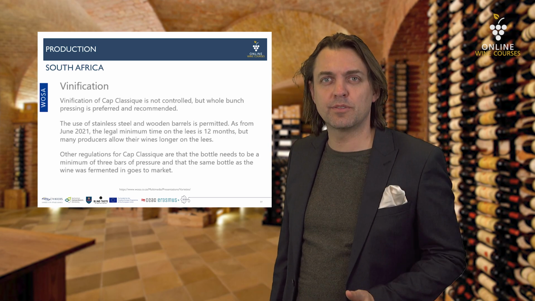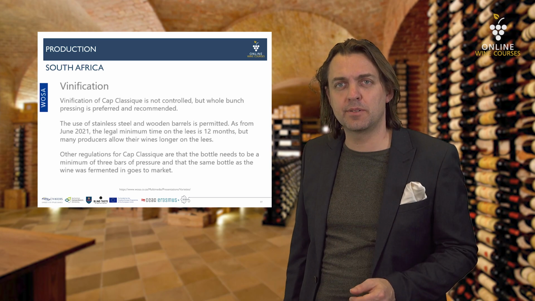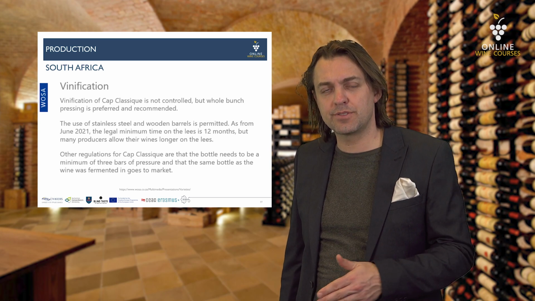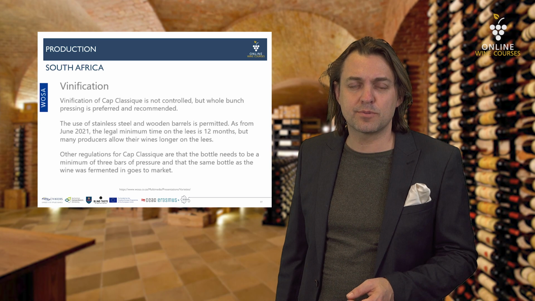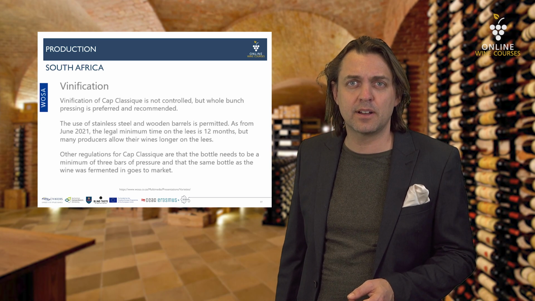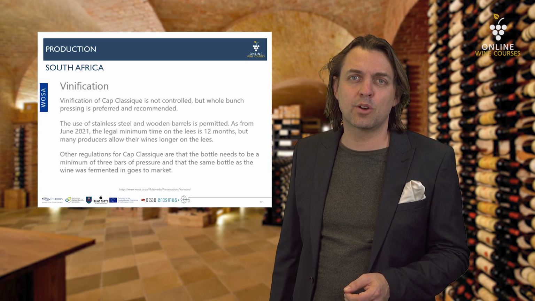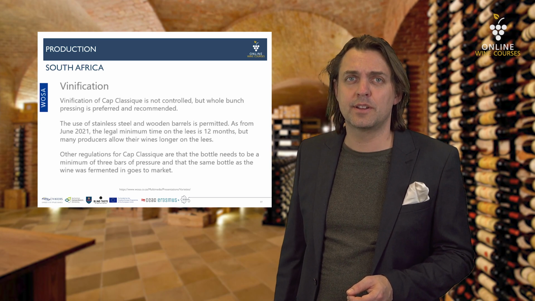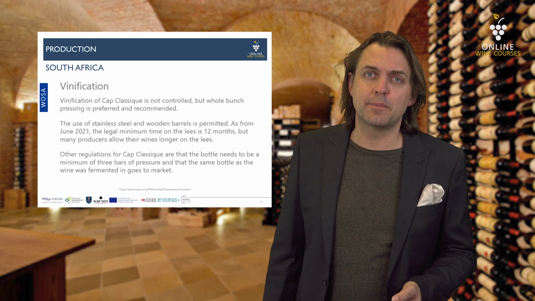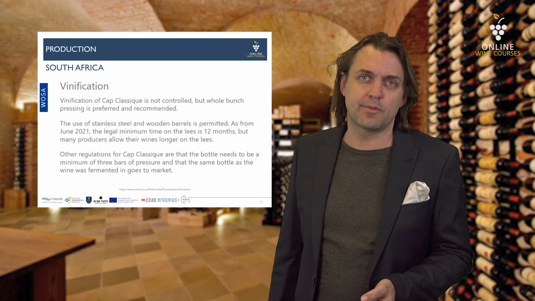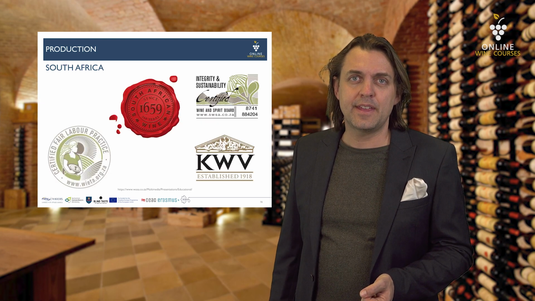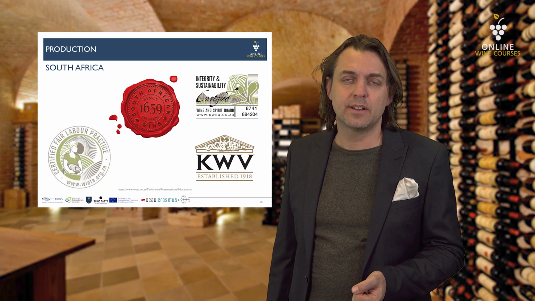It's in between Austria at 9 months and Champagne at between 12 and 15 months. But a lot of the top producers do have them on the lees for longer. And you will find a lot of the Cap Classique you can buy in European markets is generally of a better quality. And there you have then some levels.